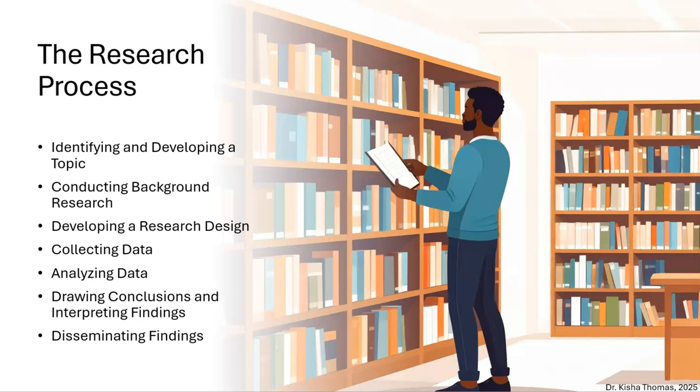Analyzing the data requires you to use appropriate statistical or qualitative techniques to identify patterns, relationships, and trends. So this is how you would analyze the data, drawing conclusions and interpreting your findings.